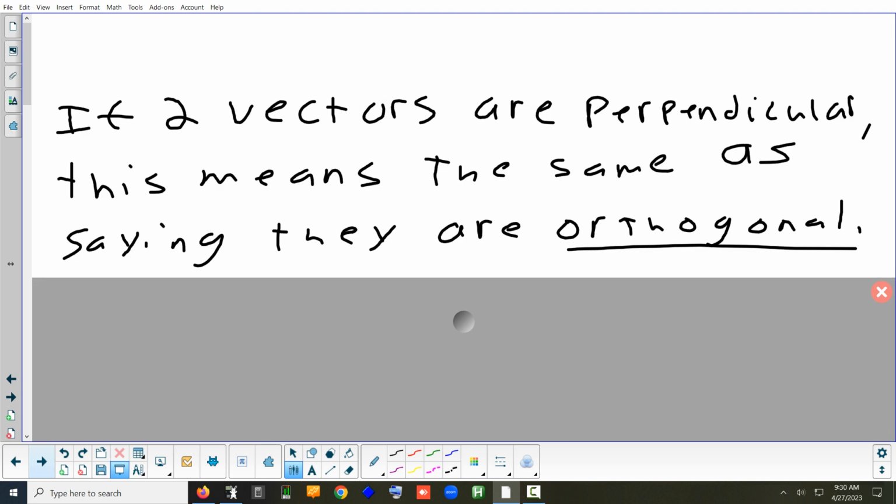So if two vectors meet at a 90-degree angle, they are perpendicular. And the word they use when they describe vectors being perpendicular is orthogonal. Sure, there's a reason for the different word.